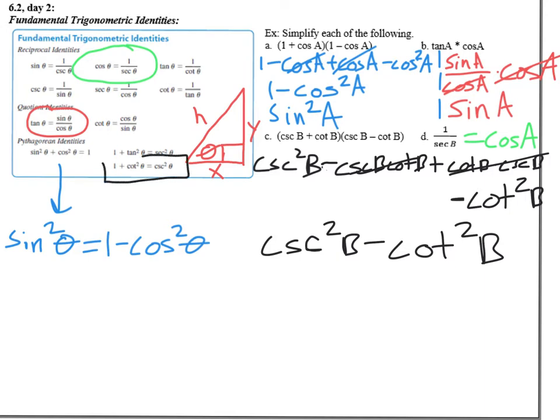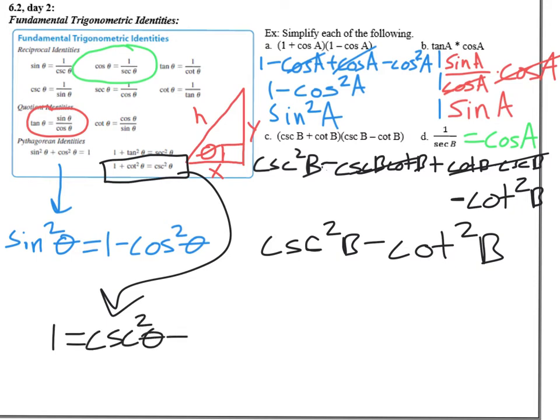So this one's got to be rearranged a little bit, but that's the one that we're going to want, right? It's the only one that has both of those in it. And then if I subtract cotangent squared from both sides, you would get cosecant squared minus cotangent squared, which is the exact case we have here. That whole thing simplifies to 1.